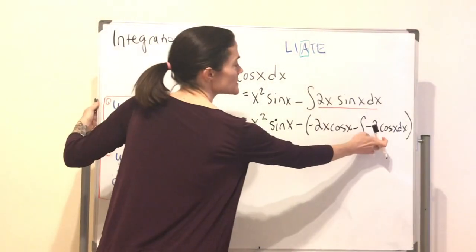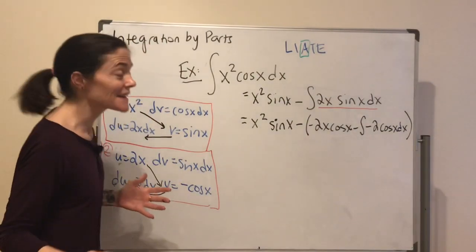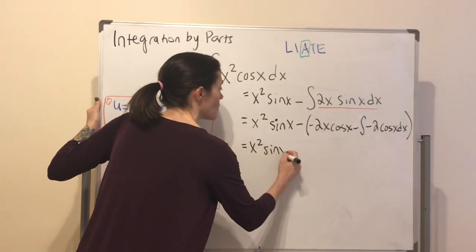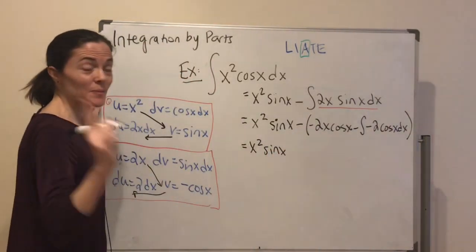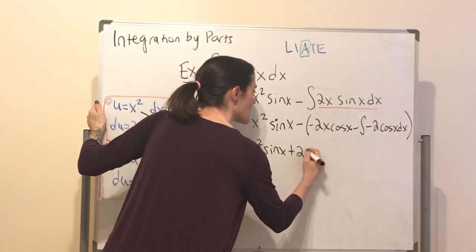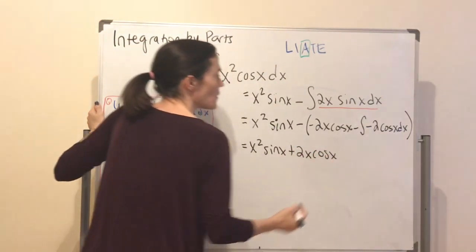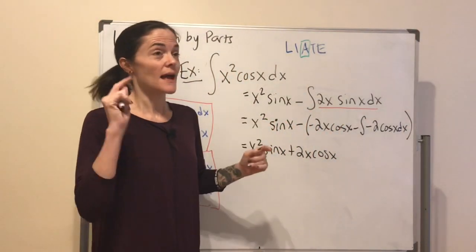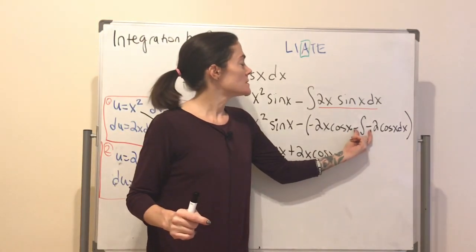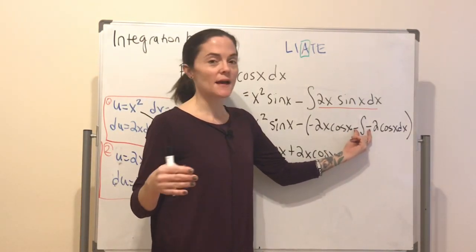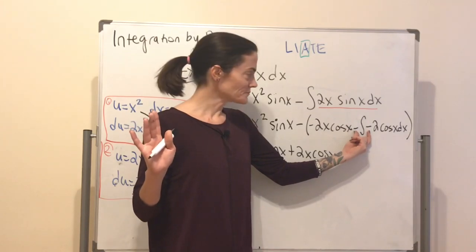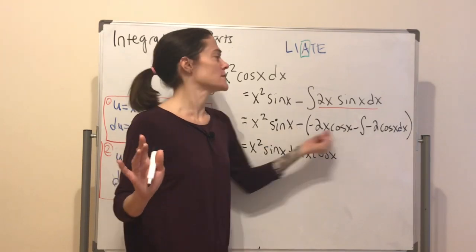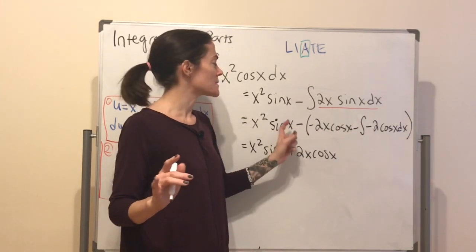Well, it's just a constant times the cosine. Definitely we can integrate that. So now we're ready for our last step. These two negatives become plus. And then this is the part where it's easy to mistake your sign, because you see this is a plus, and when you integrate cosine you get the positive sign, but there's this minus out here, and it's really easy to forget to distribute it, to just drop it or something like this.